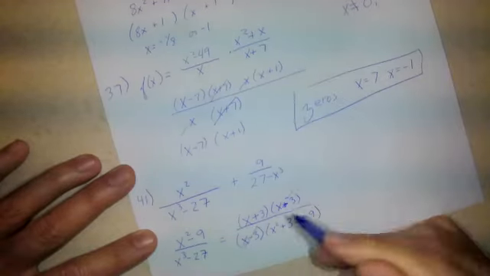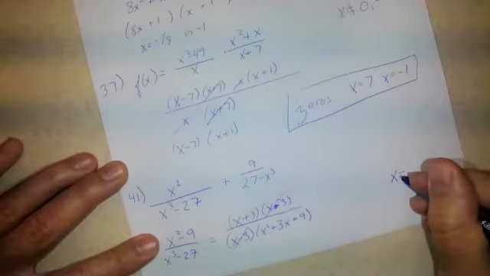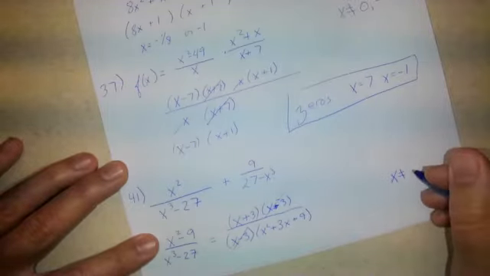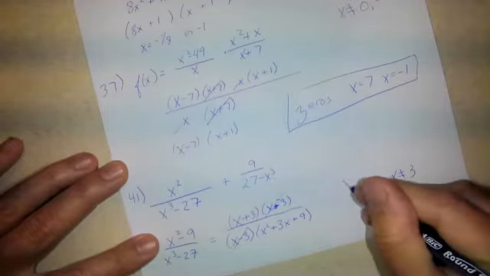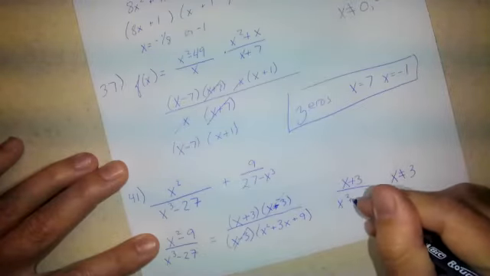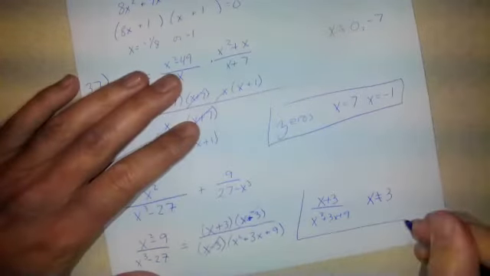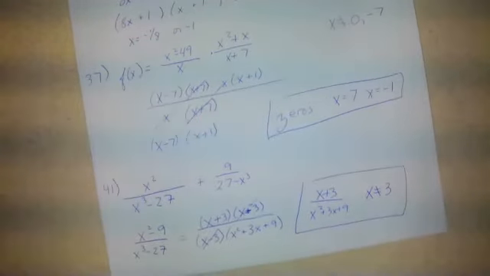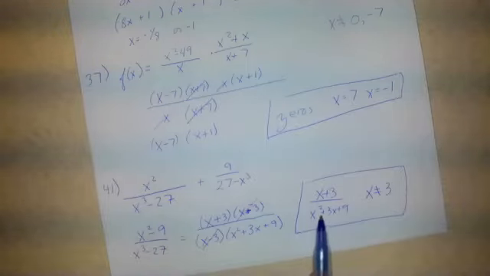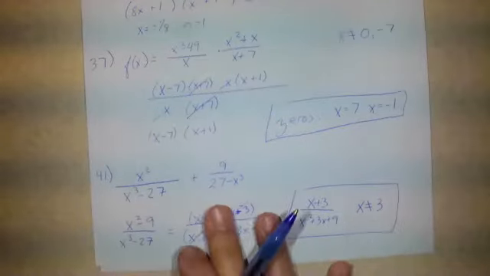This guy and that guy go away, with x not being allowed to equal positive 3, and I'm left with x plus 3 over x squared plus 3x plus 9. This, including that restriction, is the answer. You can also say that x squared plus 3x plus 9 may not equal 0, but we still see that.